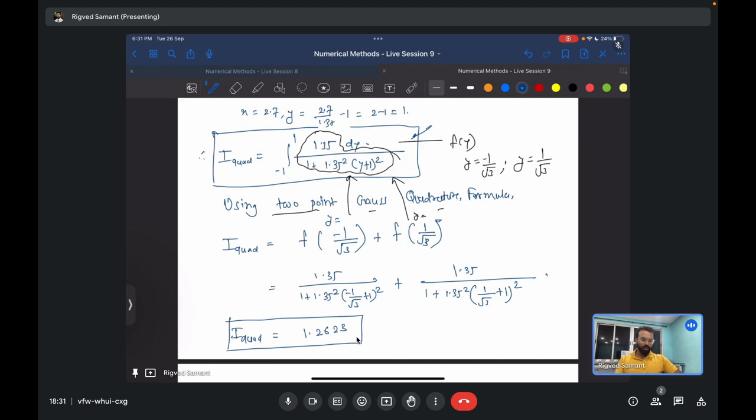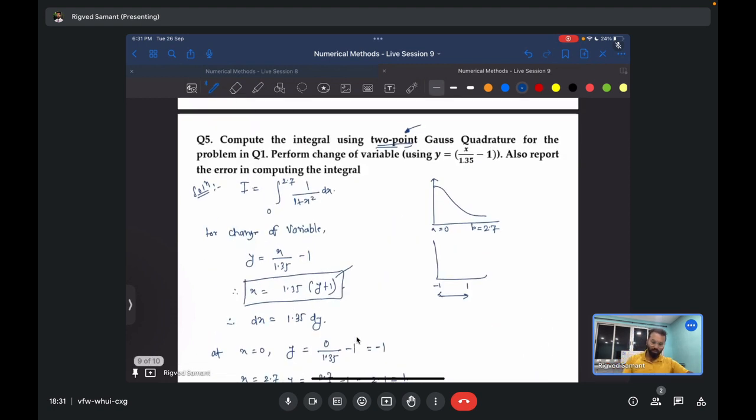So I'll just explain what we have done. In the Gauss Quadrature method, we first change the limit of integration from whatever value we have given to minus 1 to 1, because the Gauss Quadrature formulas are only applicable at minus 1 to 1.